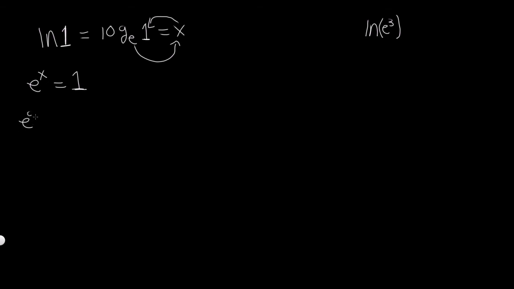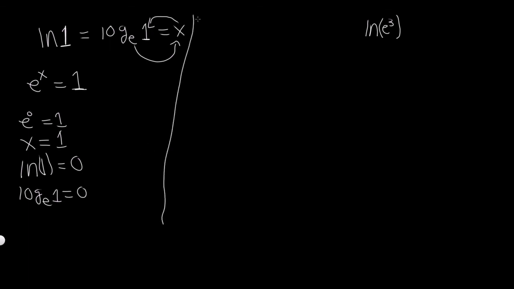So e to the power of 0 is equal to 1. Therefore, x is equal to 0. Or the natural log of 1 is equal to 0, or log base e of 1 is equal to 0. All of these are correct.